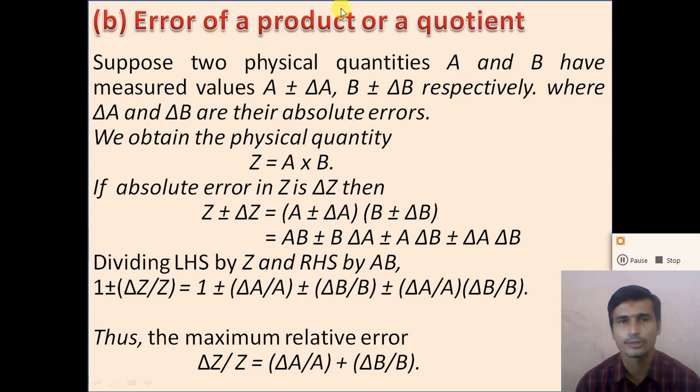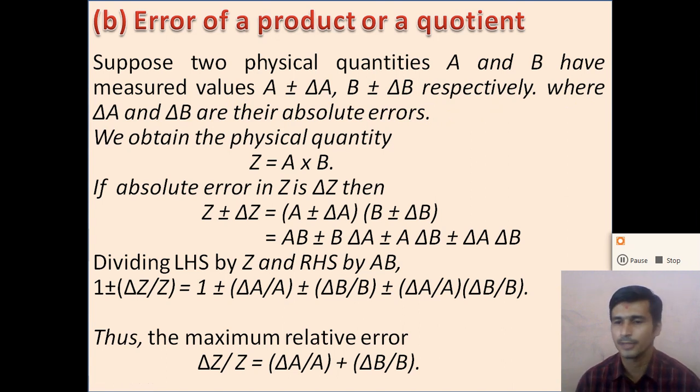Suppose we take two physical quantities A and B with measured values A plus minus delta A and B plus minus delta B respectively, where delta A and delta B are the absolute errors.